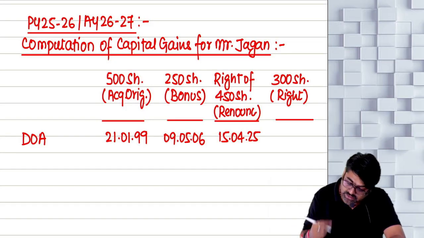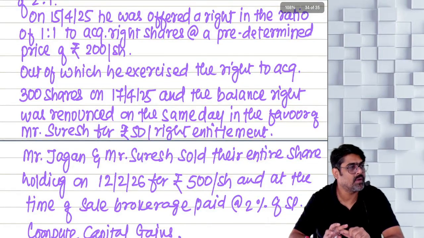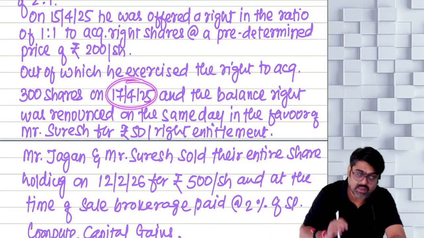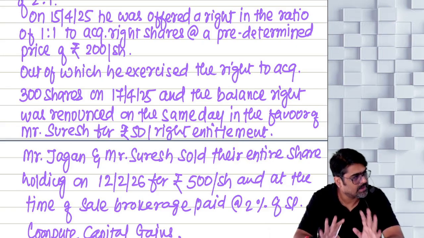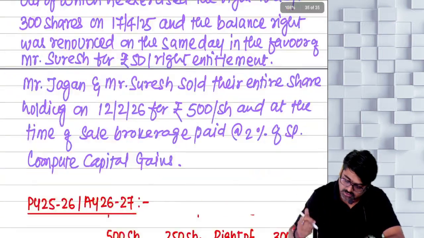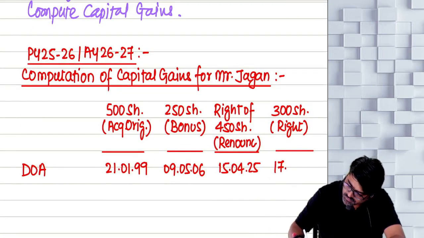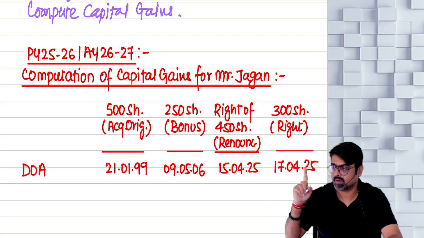Now 300 right shares. Check 300 right shares. When I am acquiring the 300 right shares, 17th of April I am exercising the right of 300 right shares. If nothing is mentioned, the right shares are allotted on the same day. Understanding? So, tell me, 17th of April 2025.